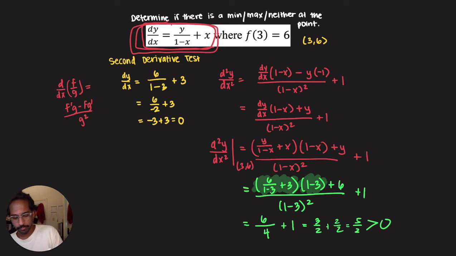And so that means that we have a concave up function. As a reminder, I'll draw this here. If we have a concave up, that means we're looking at a relative minimum.